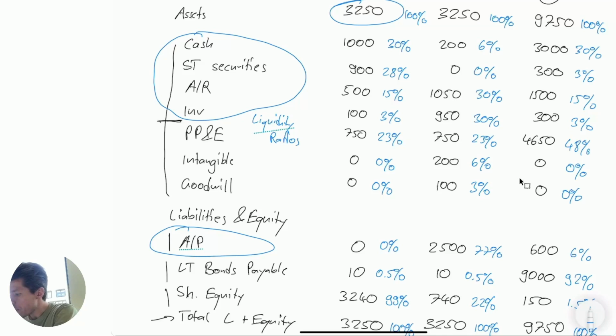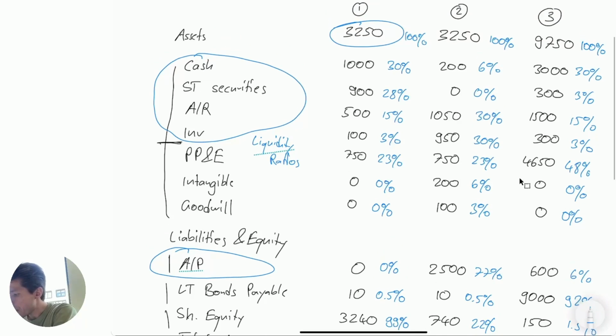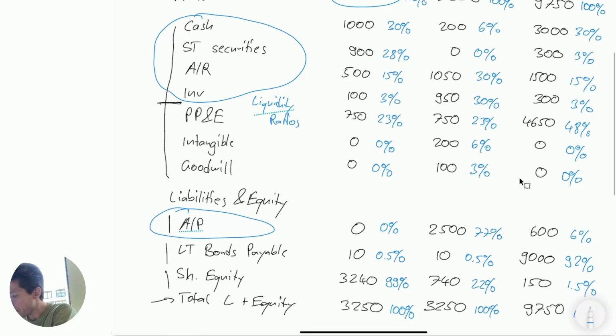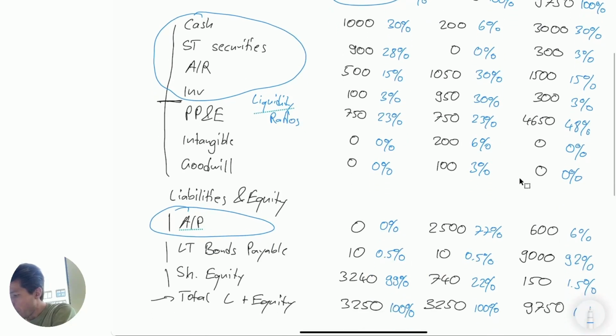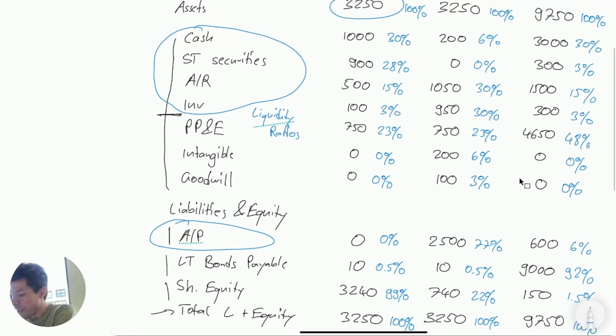Here you can see especially company 3 has a lot of cash available, so the current asset side is quite big compared to the current liability side, which is only 600, whereas company 2 has way more current liabilities outstanding. Accounts payable accounts for 77%. So from a liquidity perspective, it's way more risky.